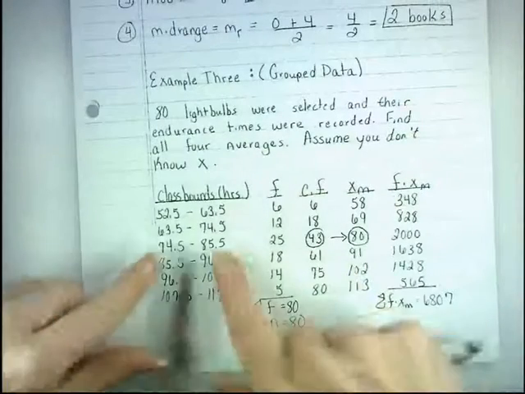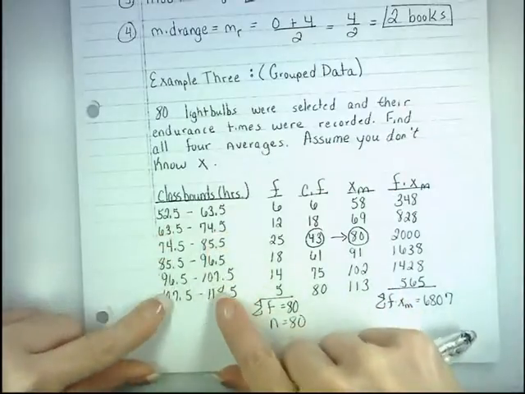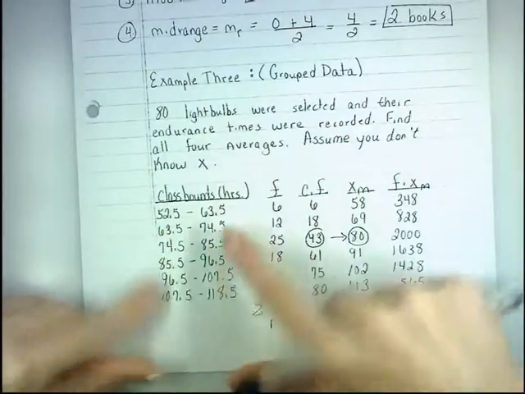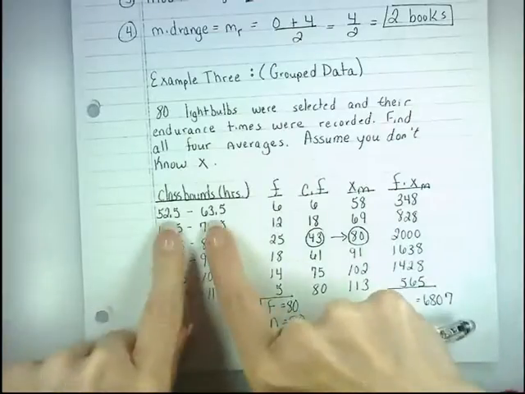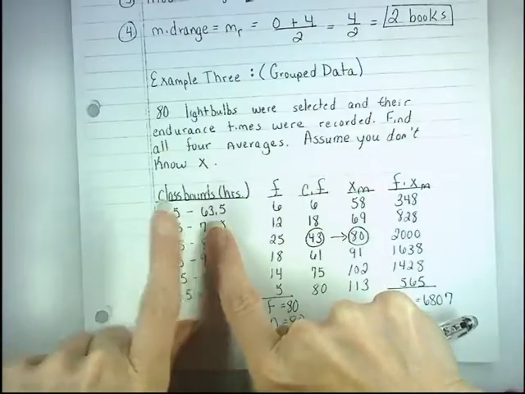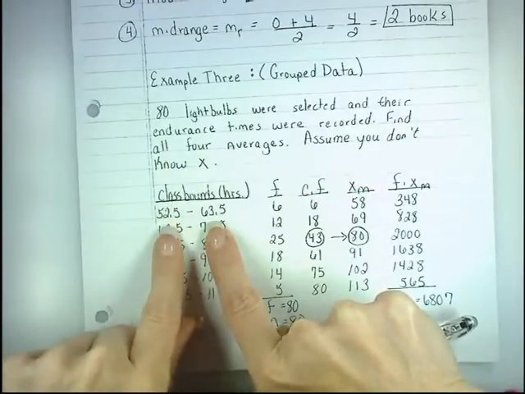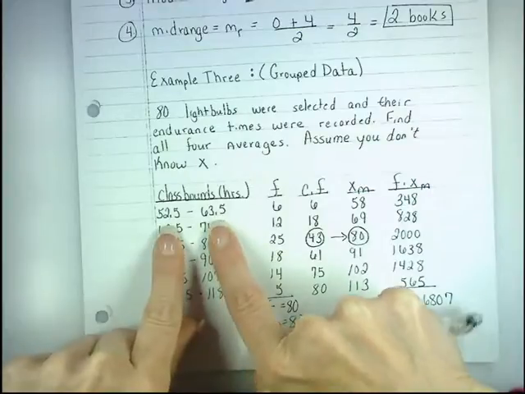We have 6 classes. Therefore, we would have 6 rectangles in the histogram. The first class goes from 52.5 to 63.5. The lower limit or boundary is 52.5 all the way to the upper limit or boundary, which is 63.5.